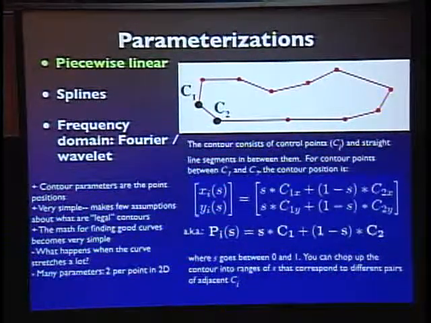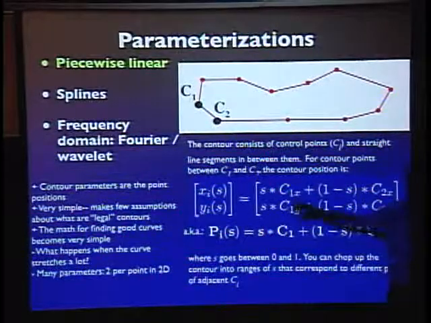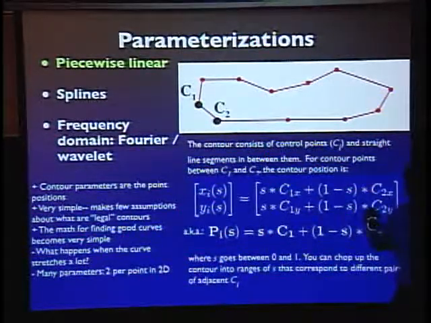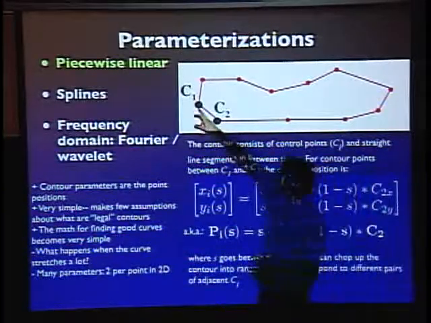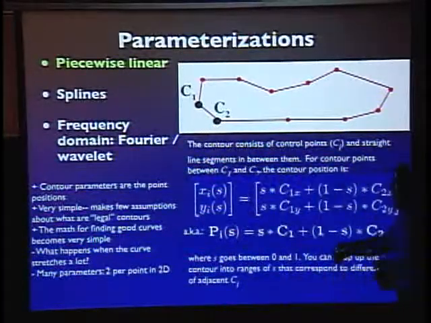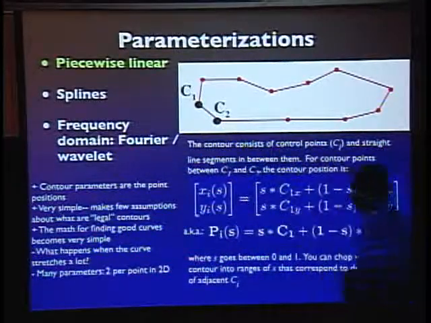And what you want to do is very simply define the boundary in between C1 and C2. So the most simple way to do this is to just connect C1 and C2 with a straight line. And then you would have a parameter S. Really, this should be something like S12 that varies between 0 and 1. For S equals 0, you are at C1, and for S equals 1, you're at C2.